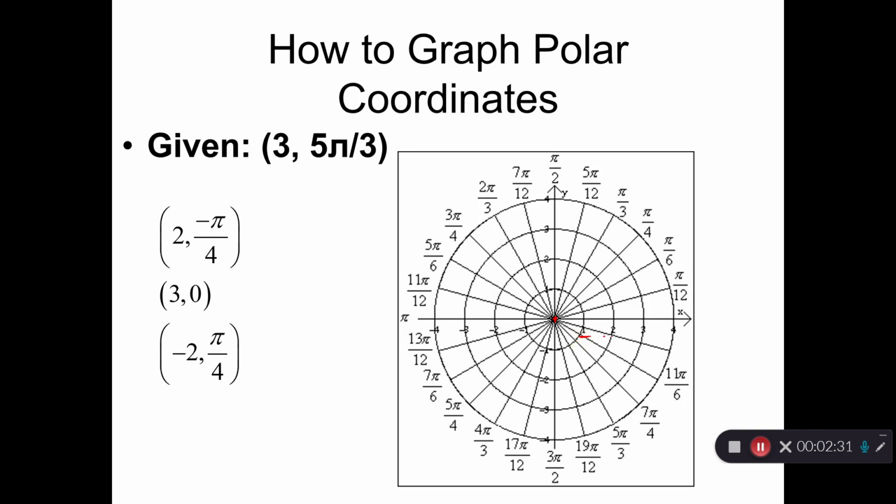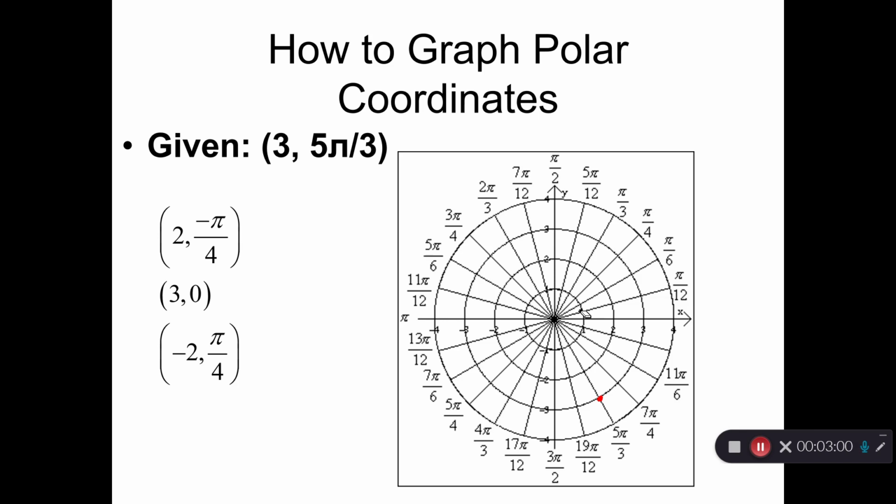So notice here I've got 1, 2, 3. So I'm going out to 3, and then I'm going to rotate at an angle of 5 pi over 3. So I'm going to rotate this way until I get to 5 pi over 3, which lands me right here. And that would be the only marking that I would need to signify that particular point.